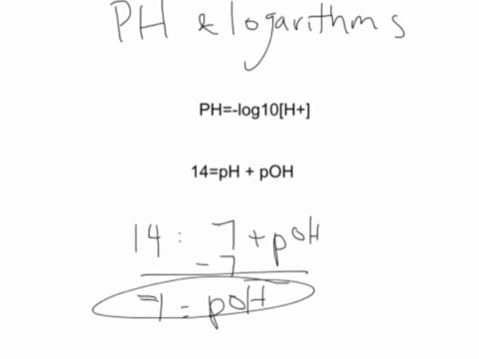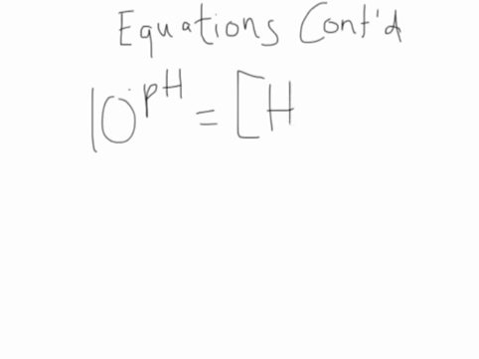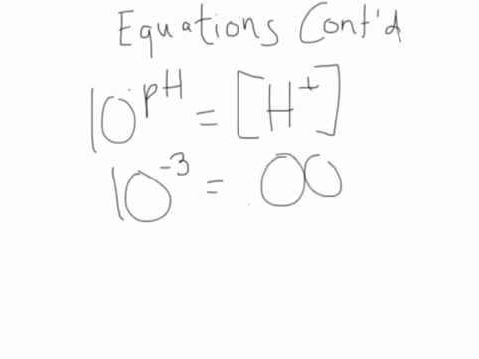It's pretty simple. So here's some more equations when you're finding H plus and OH. So you'll do 10 to the negative pH equals H plus. And so all you have to do, for example, is plug in a pH. So 10 to the negative 3, 10 to the negative third power is 0.001, which equals H plus.